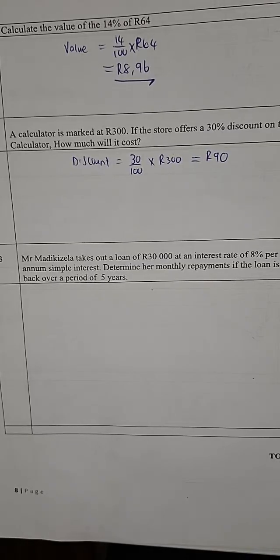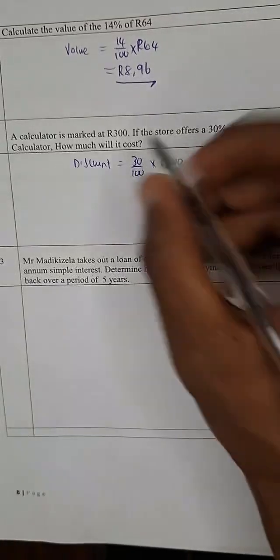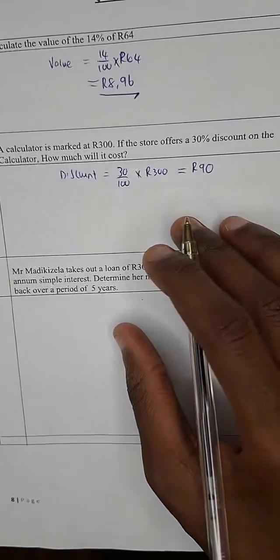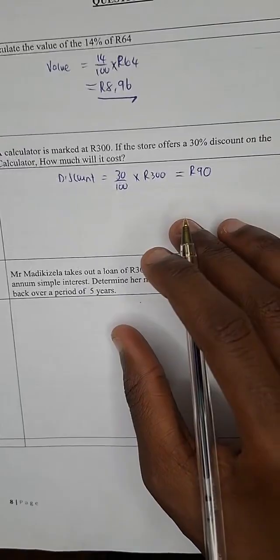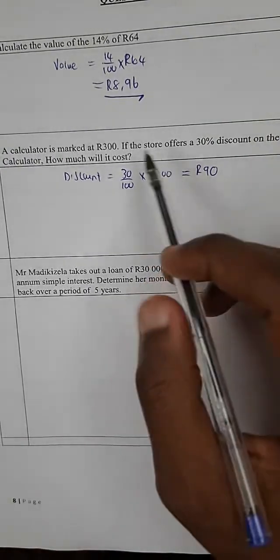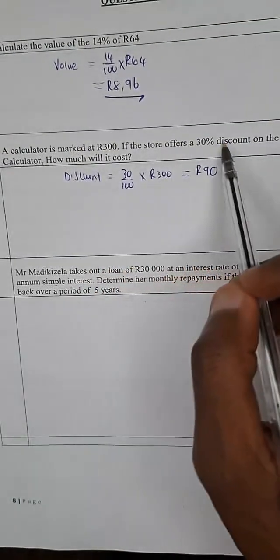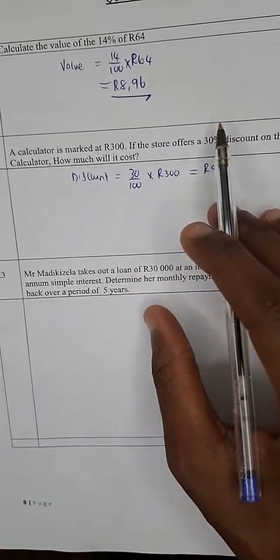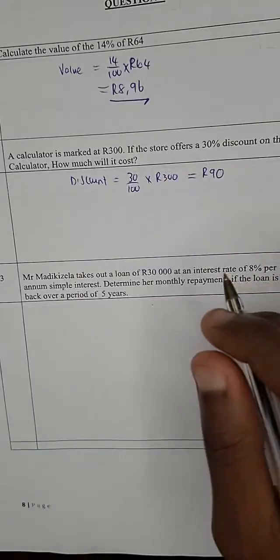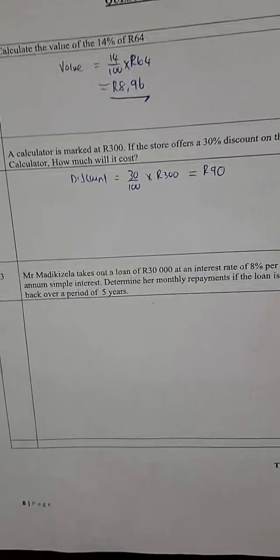Mr. Calculator, Mickey says it's 90. Very good. 90 Rand. So that's the discount, right? So we don't want to know what the discount is, because that's not what they asked. They didn't ask what is the value of the discount. They said a calculator is marked at 300. If the store offers a 30% discount on the calculator, how much will the calculator cost? So Pilisiwe then says we need to further take another step.